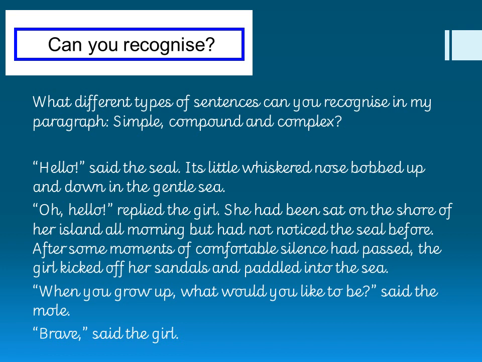It must be a compound sentence. But is it? Is that and joining together 2 clauses? Its little whiskered nose bobbed up and down in the gentle sea. No, it's 1 clause, 1 simple idea, 1 simple sentence.